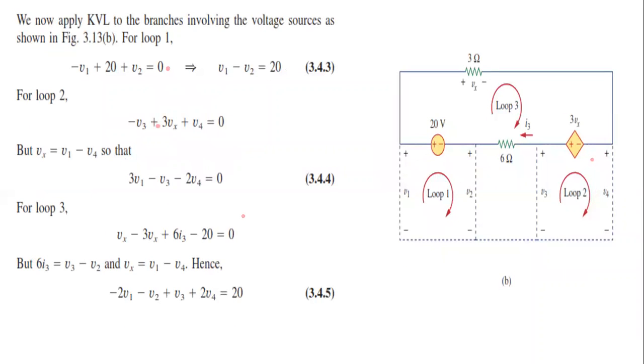Now we will apply KVL because we are having the voltage sources. We have to apply KVL because in those equations we have not considered these voltage sources. So now the 20-volt source and the 3Vx source will be taken here.